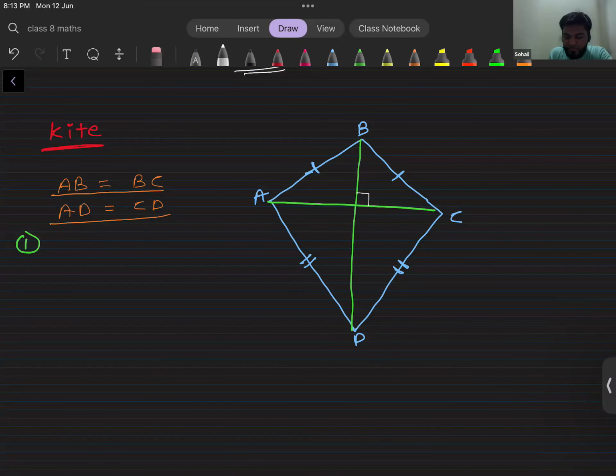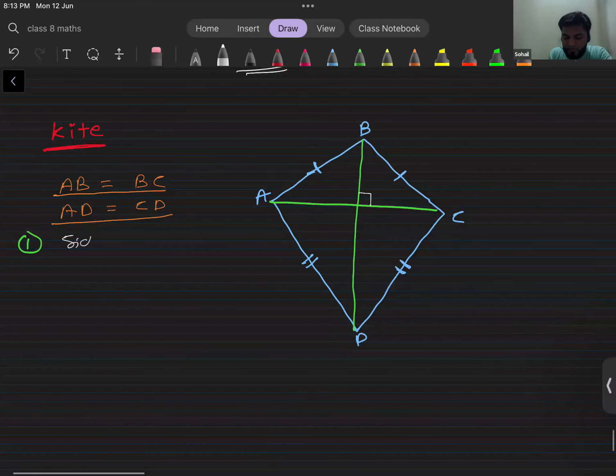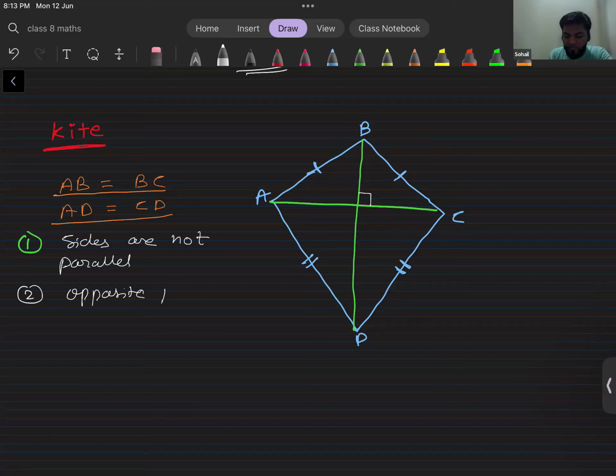So first thing is that the sides are not parallel since it is not a parallelogram. Next thing is that opposite pairs of sides, it's pairs.